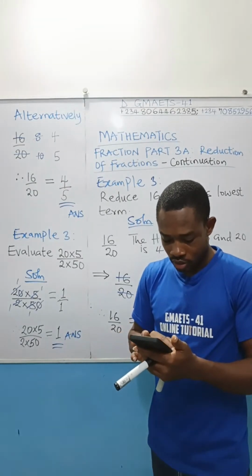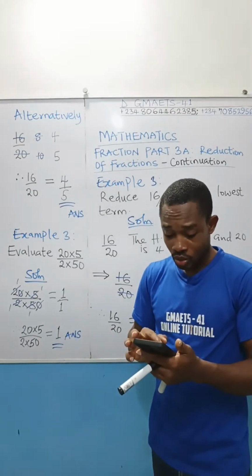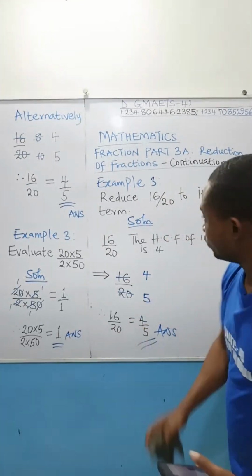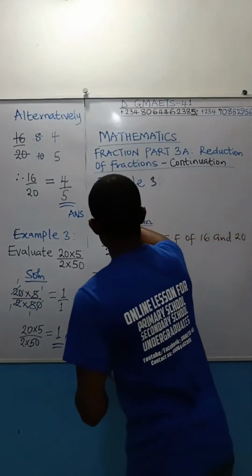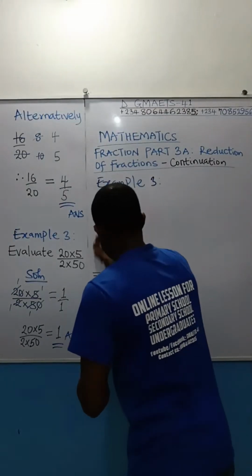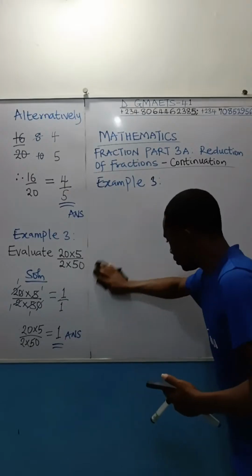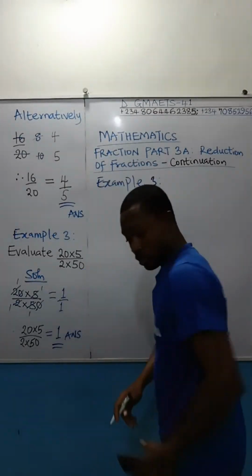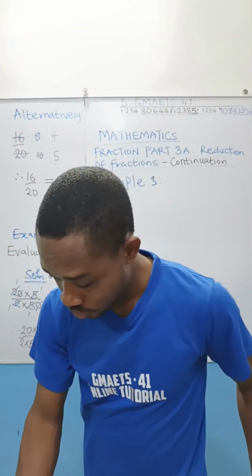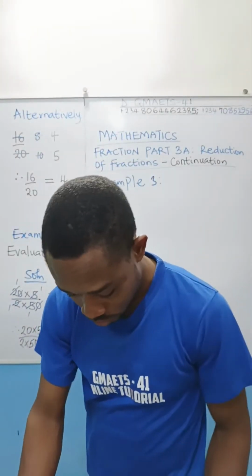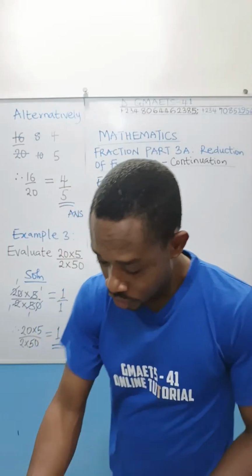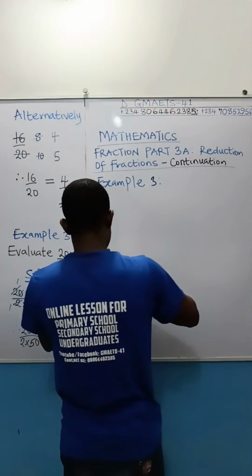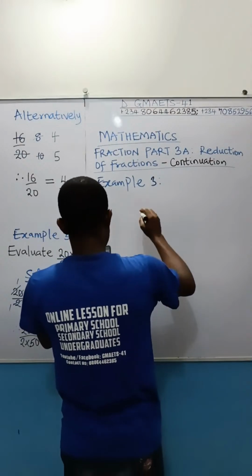All right, so we're going to look at question number 4. Example 4. Let's see what we have here. In example number 4, we are asked to simplify, right? Let's see, evaluate.